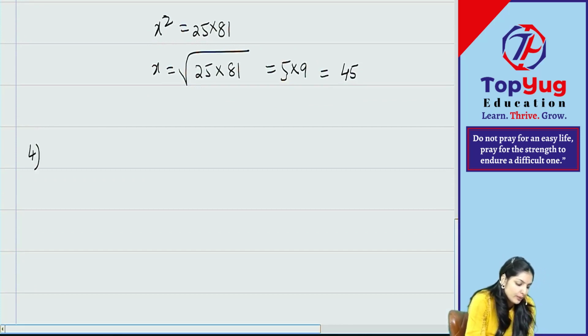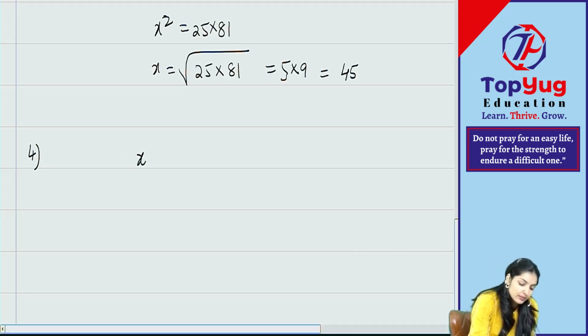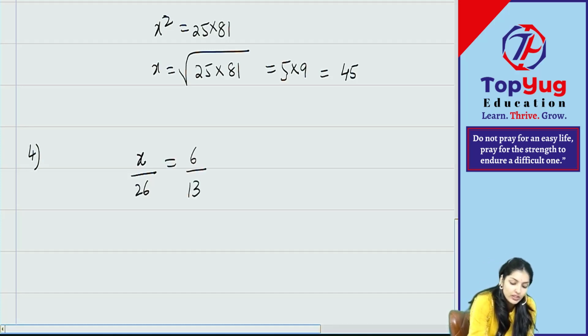Now the fourth one. The number which has the same ratio to 26 that 6 has to 13. What are they telling you? The number is having a ratio to 26 which is the same as 6 to 13.